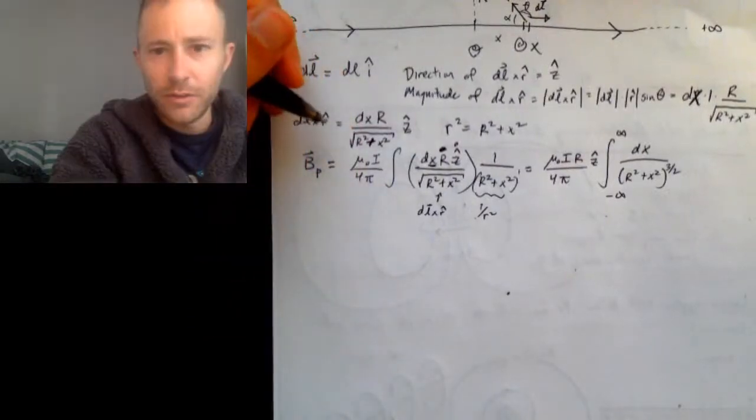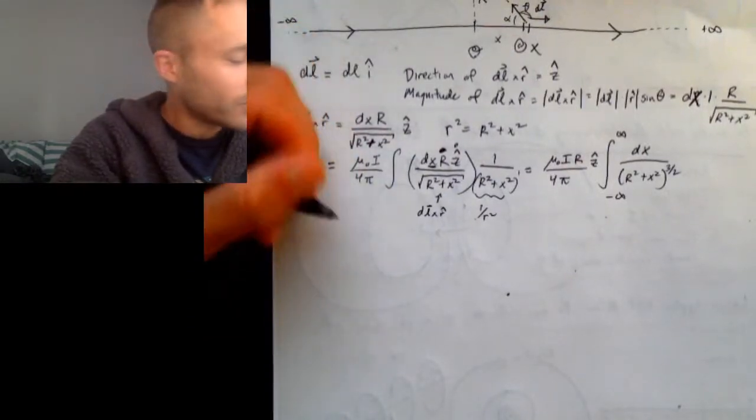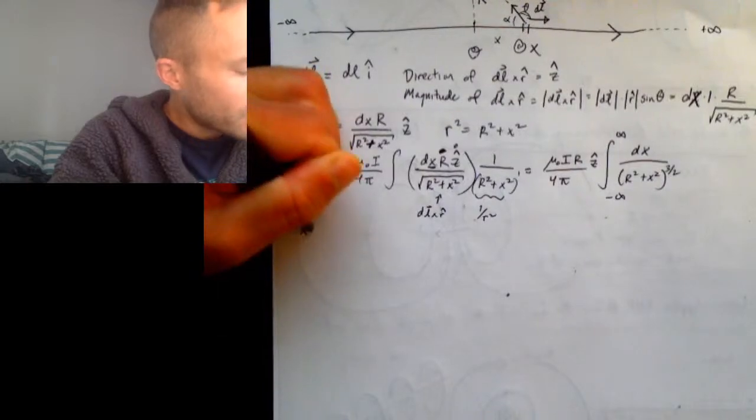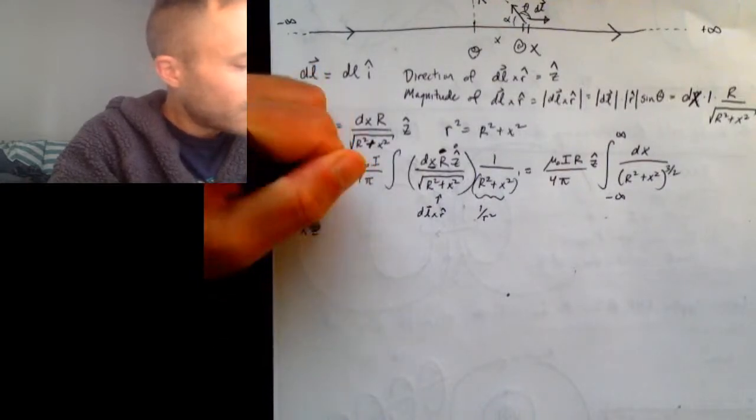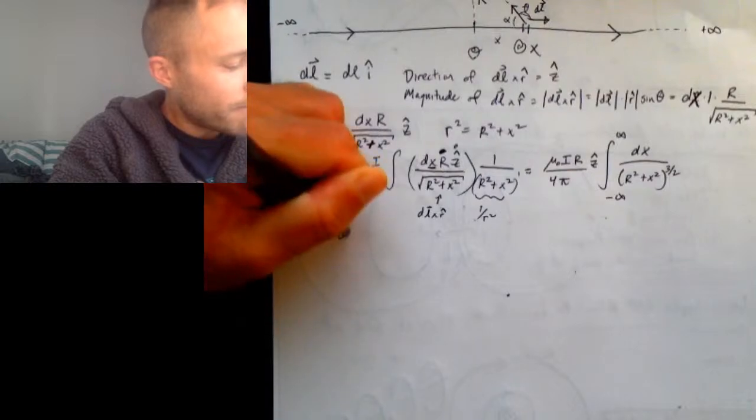And so you would do the trig substitution to solve this integral. So I would say x equals r tangent of theta.